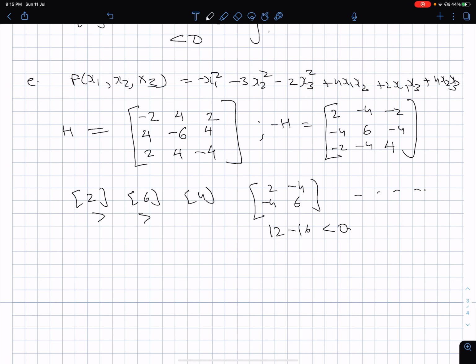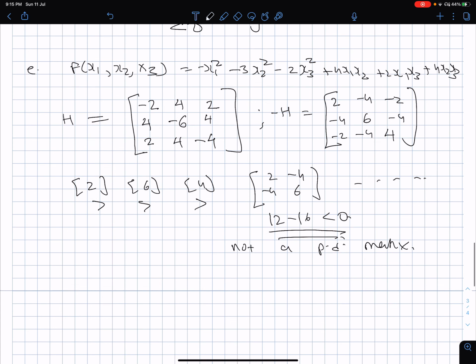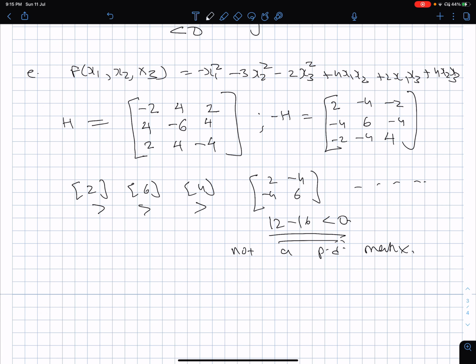So even though these are greater than 0, the moment this becomes less than 0, so not a positive definite matrix. So therefore neither is H positive definite nor is minus H positive semi-definite. None of the two are positive semi-definite. So therefore this function is also not a convex function.